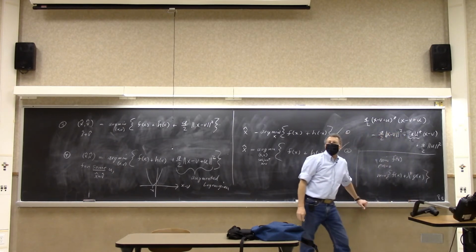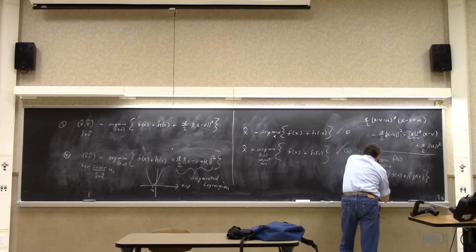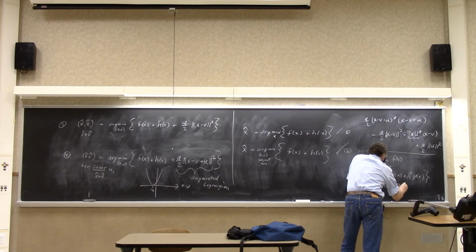If you differentiate it, you get the gradient of f of x plus lambda transpose times the gradient of g of x equals 0.